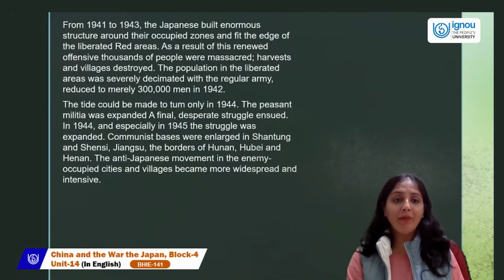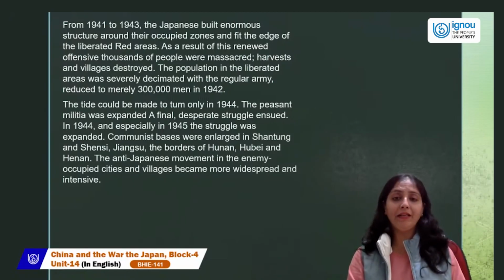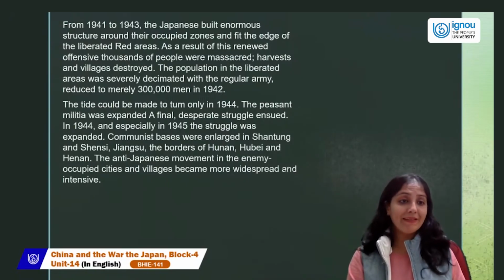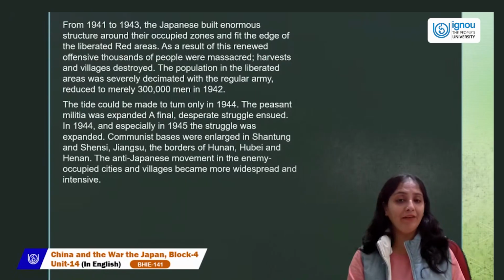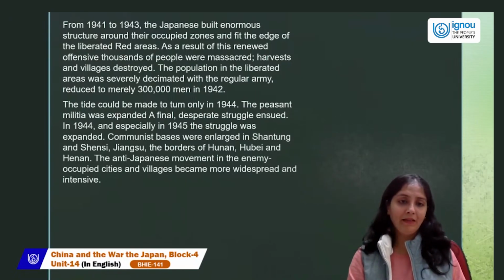The tide could be made to turn only in 1944. The peasant militia was expanded, and a final, desperate struggle ensued. In 1944, and especially in 1945, the struggle was expanded.